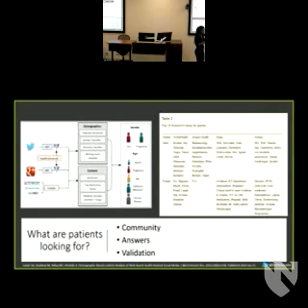So if you take a step back and think about just this study, looking at the different questions that are being asked, then you can think about the demographics of the patient population that you would like to target.